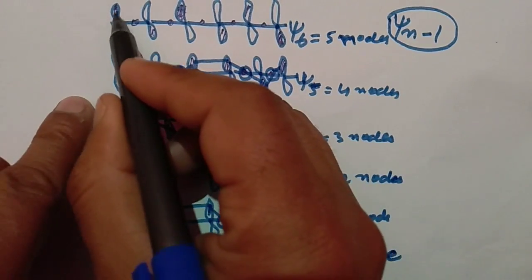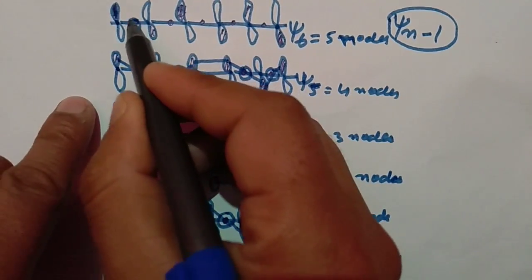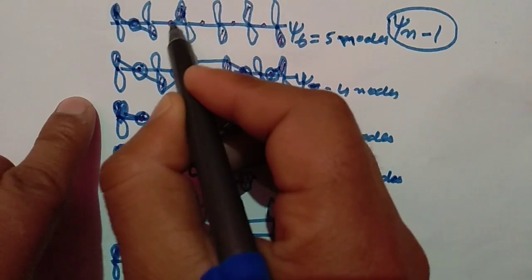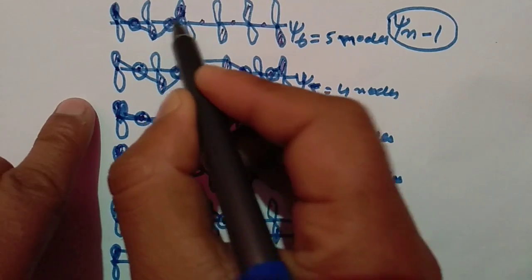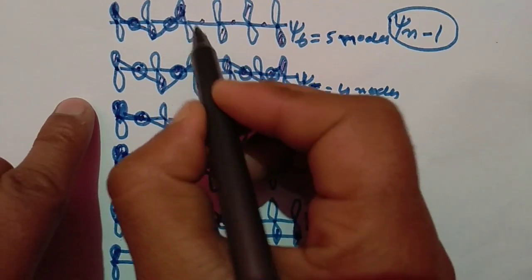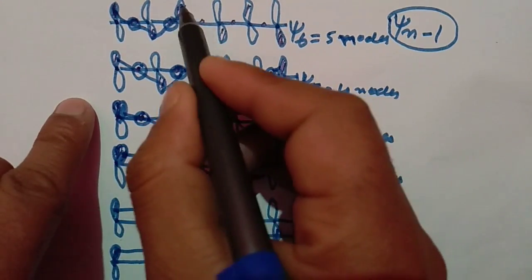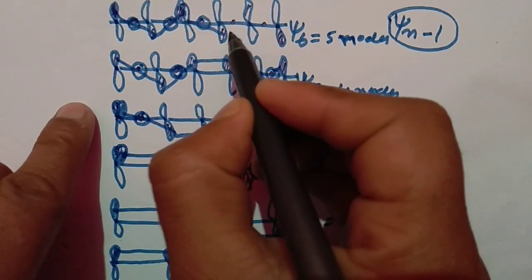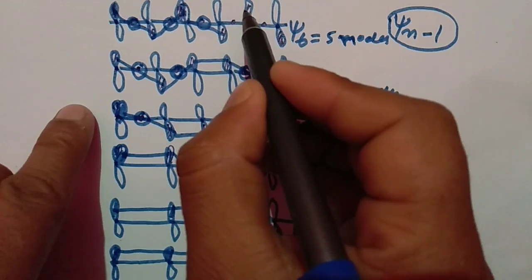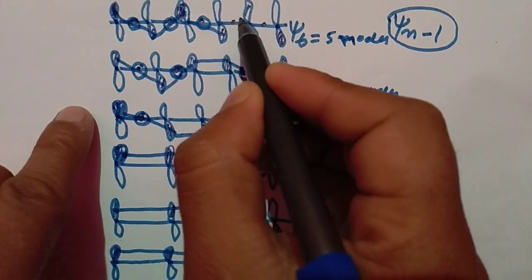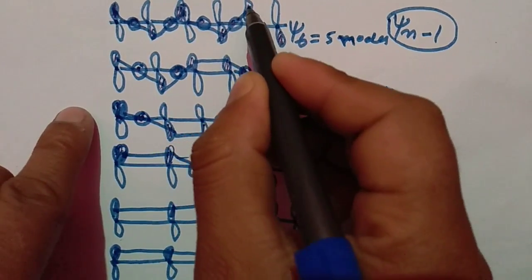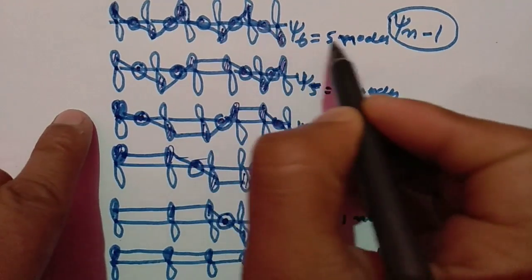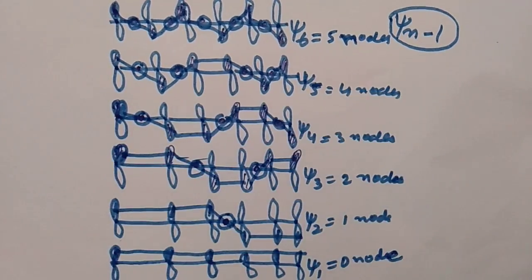Now psi 6. Different lobes, one node, and again different lobes, one node, and then different lobes, one node. Different lobes, one node. Different lobes, one node. So there are 5 nodes.